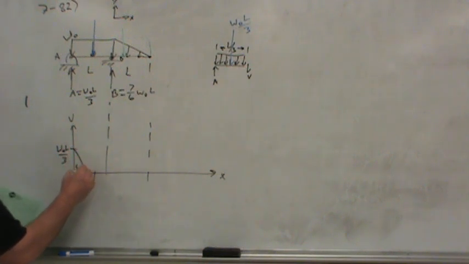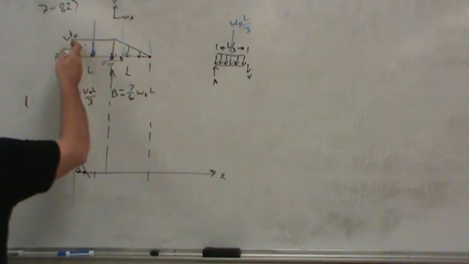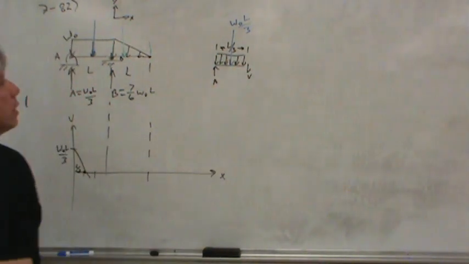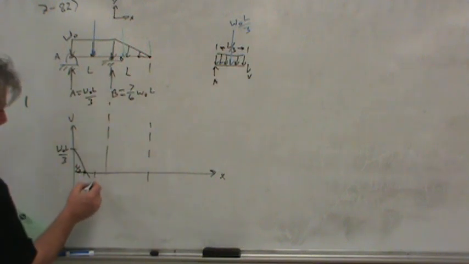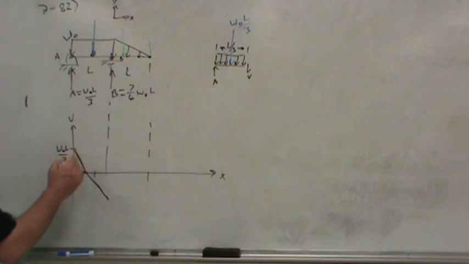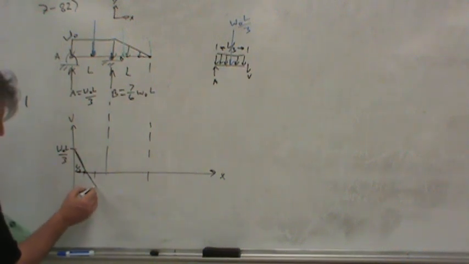Now my drawing's not very good. There we go. If we continue to add more and more distributed load, if we get 2/3 more of the length, then that will be a further W naught 2/3 L, right? So in other words, as we go all the way to this point where B is at, I'm trying to make this a straight line, let me try a little better.